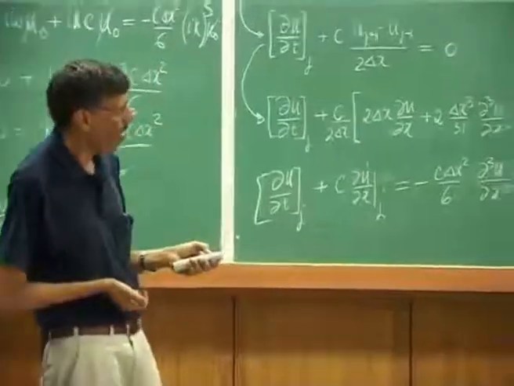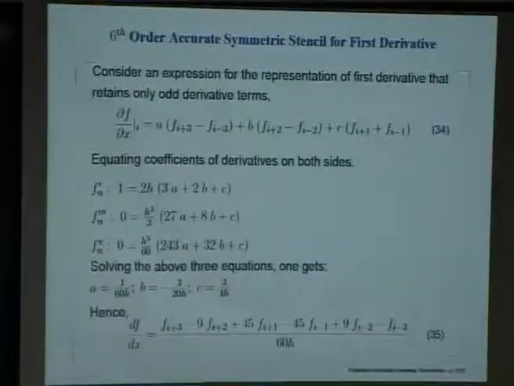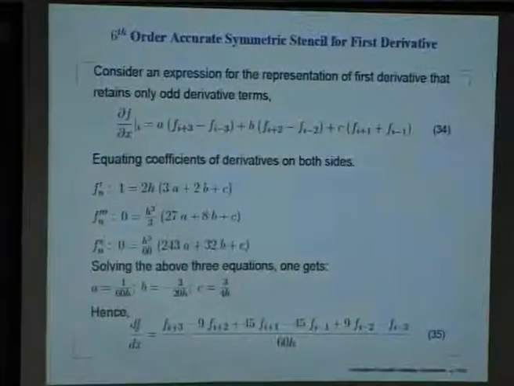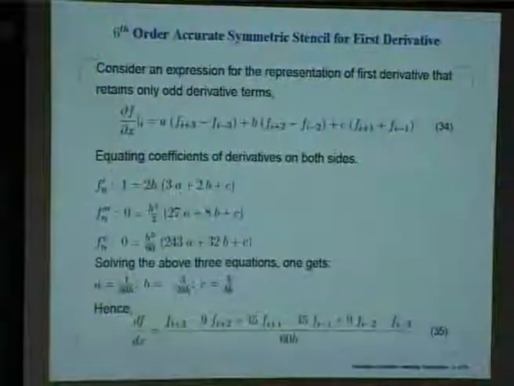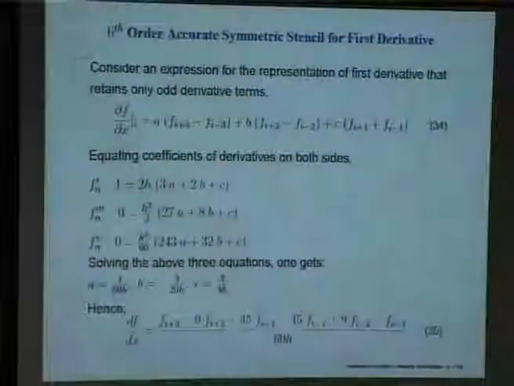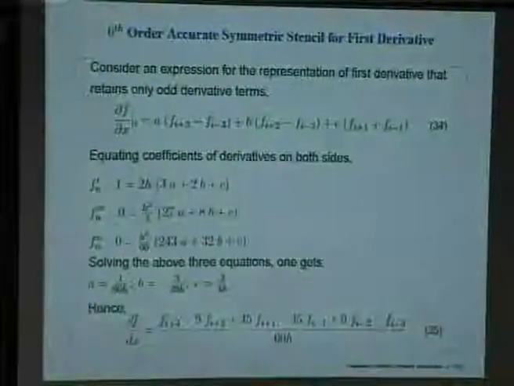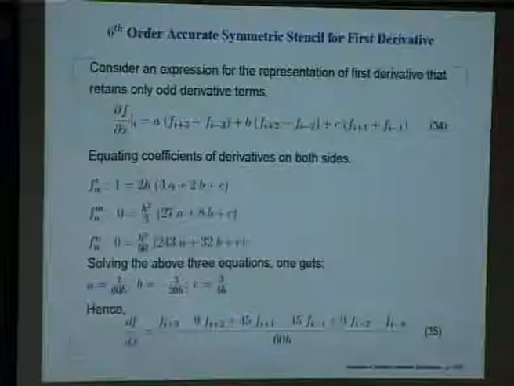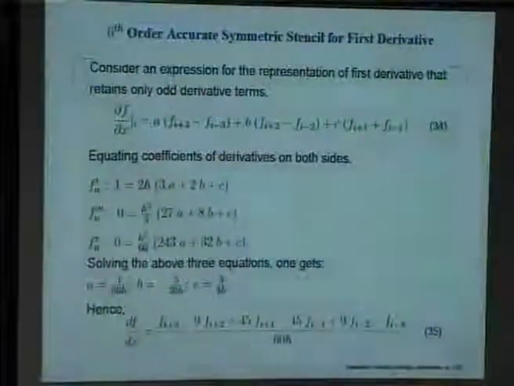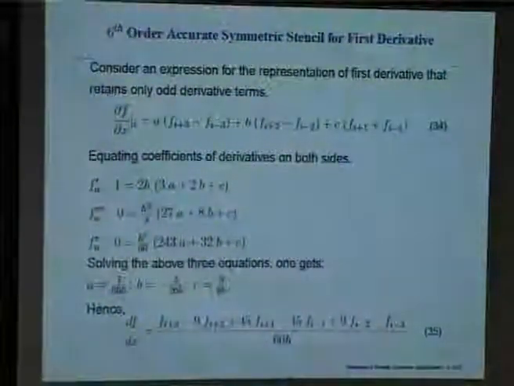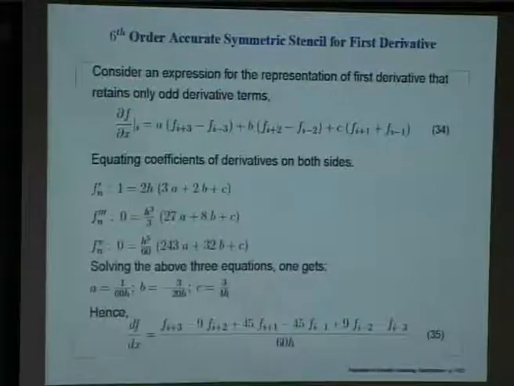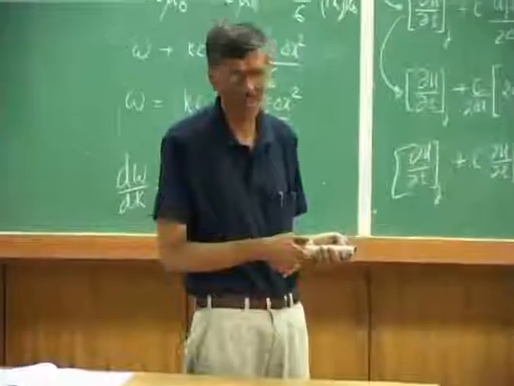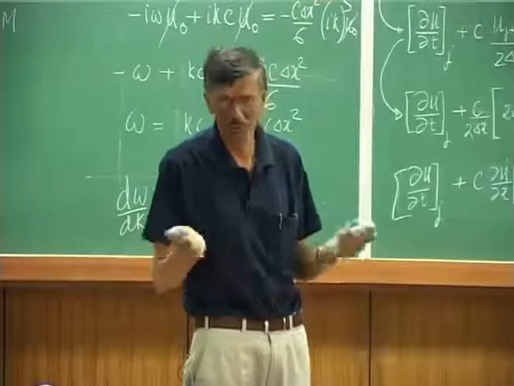So, one of the safest ways in computing is always to begin with a symmetric operator, symmetric stencil, so that you do not add either dissipation or anti-diffusion. Both the cases are bad. If you add dissipation, it is going to damp out the signal, and if you add anti-diffusion, you do not have to worry, the code will blow up in your face.